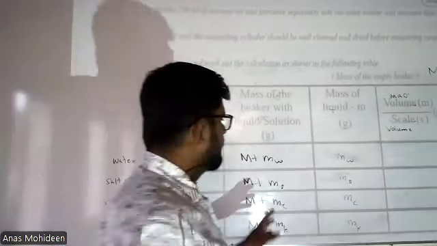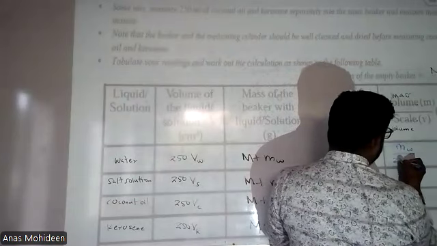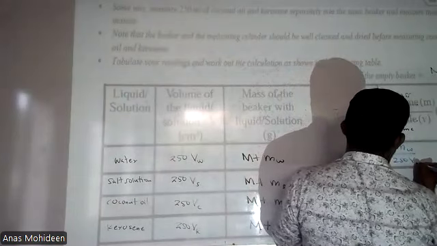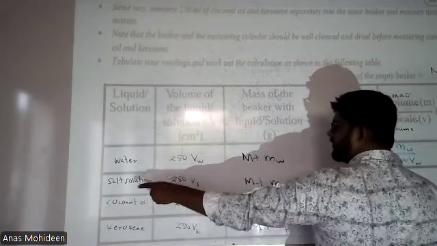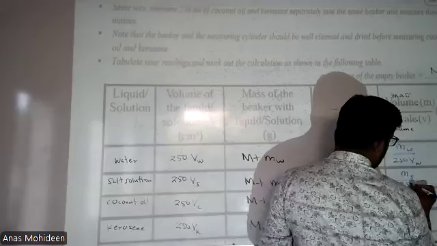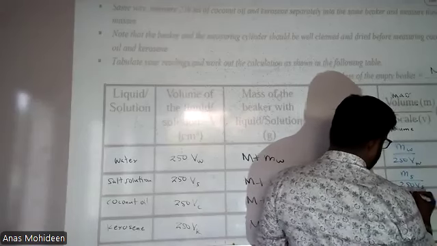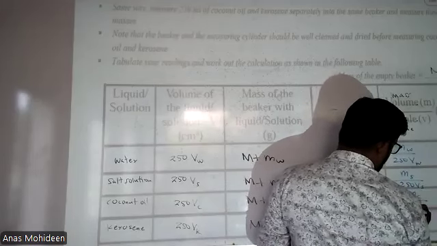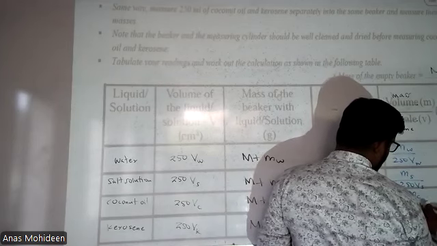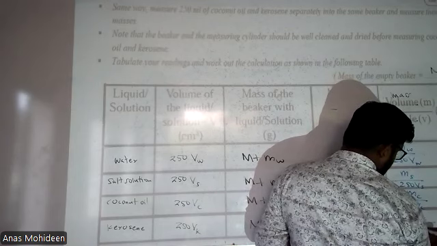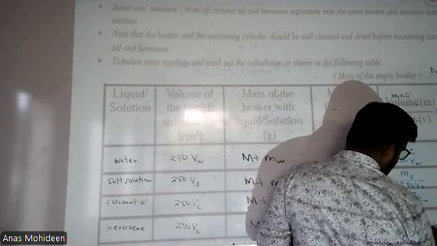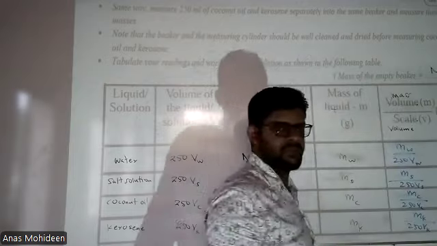Now, how do I take the mass to volume ratio here? Mass is MW, volume is 250 VW. Mass is MS, volume is 250 VS. Mass is MC, volume is 250 VC. Mass is MK, volume is 250 VK.